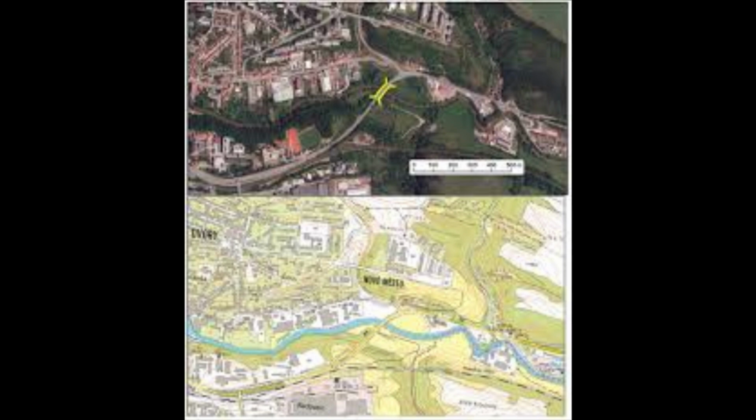In the picture at the top, you can see the real world, the real place, and the one at the bottom is a topographic map representing the real one at the top.